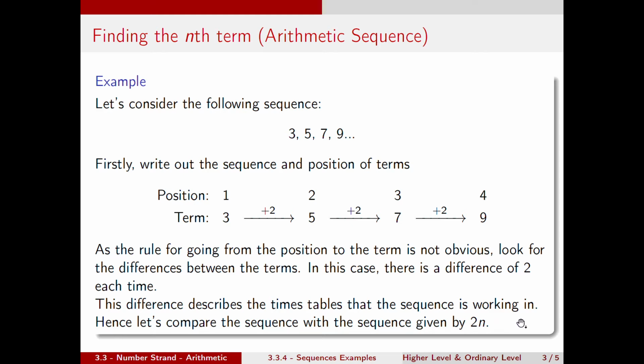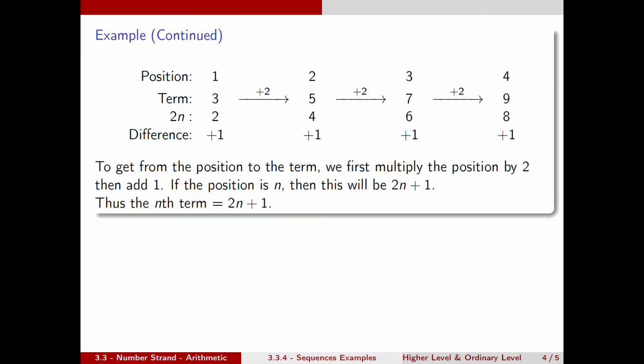So what we should do is compare the sequence we have to the sequence given by 2 times n and see can we find any similarities or something close. So we copy the table from the previous slide with the new row being 2n.